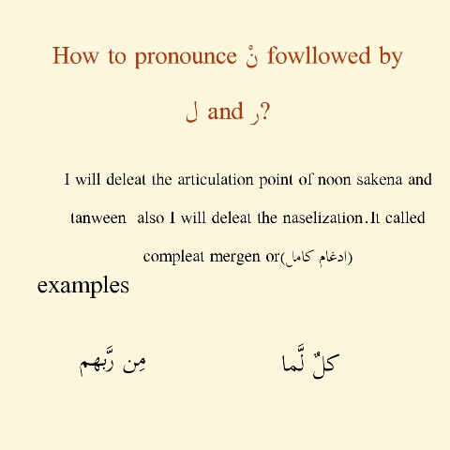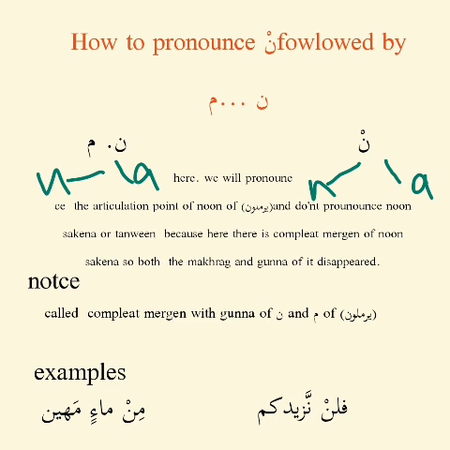Here, how to pronounce nun sakina followed by lam and ra: I will delete the nun sakina and tanween because it's a complete merging. So there is no nun sakina or tanween, because the articulation point of nun sakina, or the nun sakina of tanween, will disappear in the complete merging. Also the ghunna.